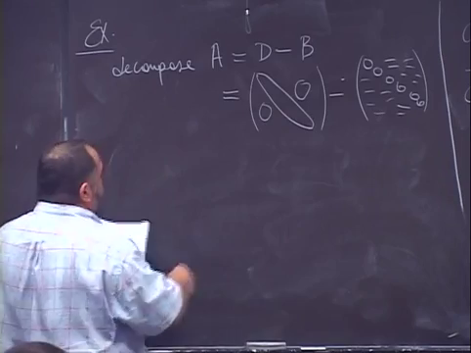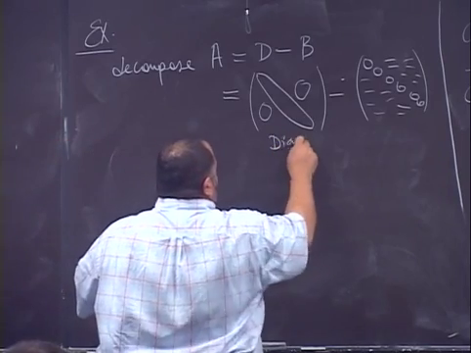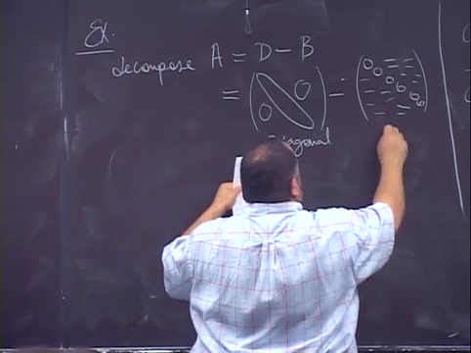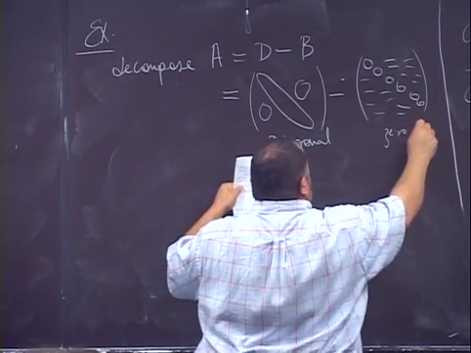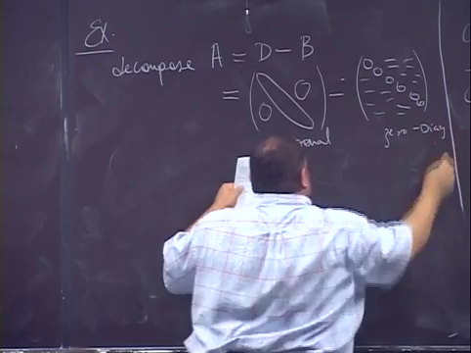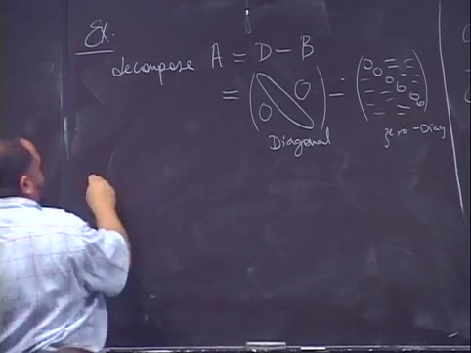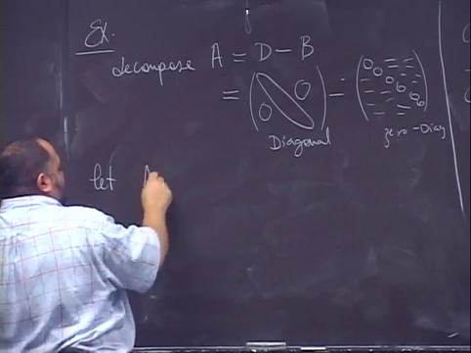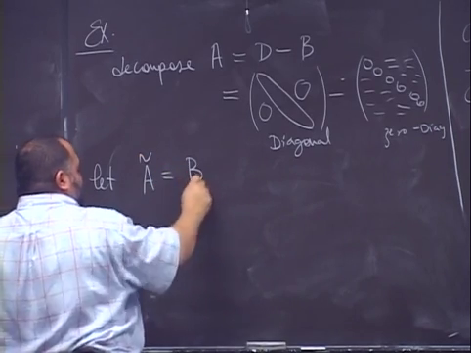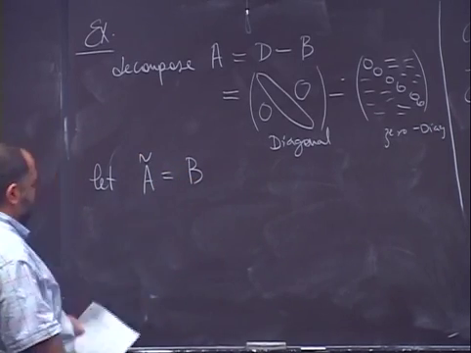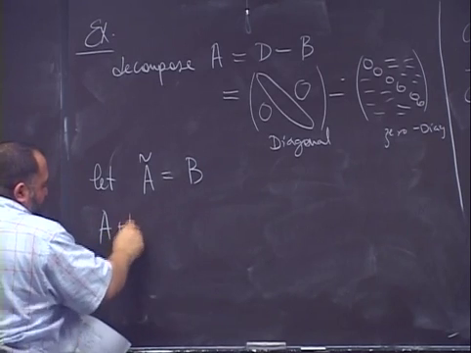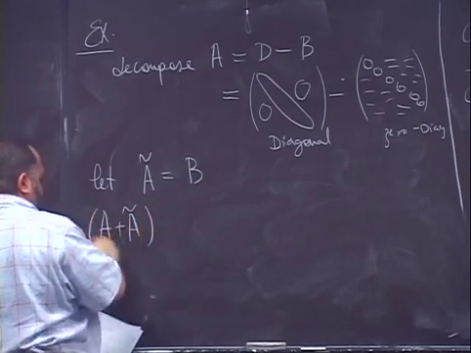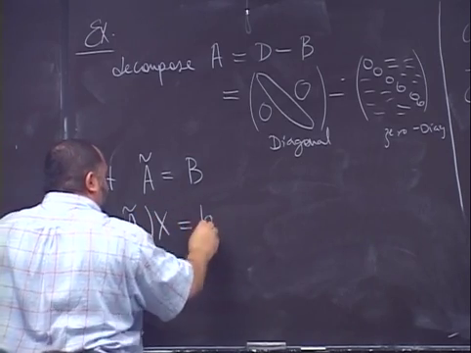Then this is the diagonal, and this is the zero diagonal one. So let's pick A tilde to be the matrix B. Now A plus A tilde multiplied by x equal to b.